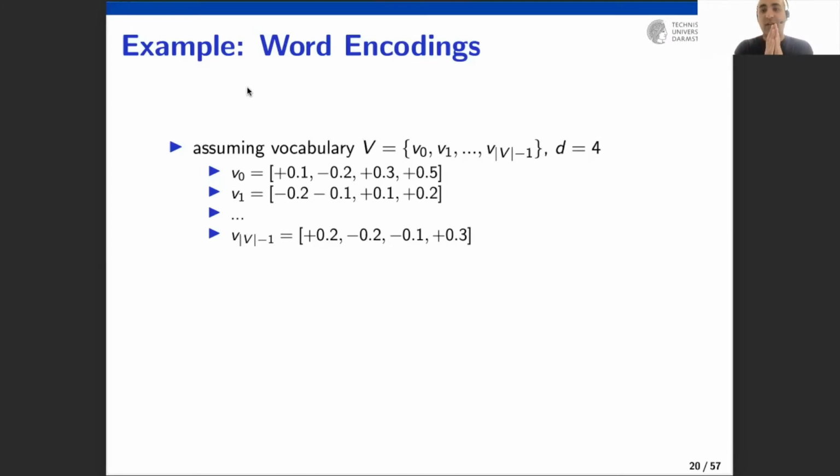So instead of defining a vector of length 10,000, because, for example, we may have 10,000 words in the vocabulary, we define a vector with size 4, and we fill the vector completely. So we make the vector dense.